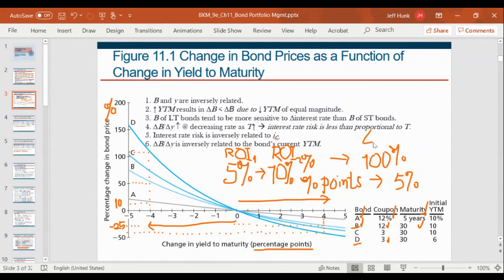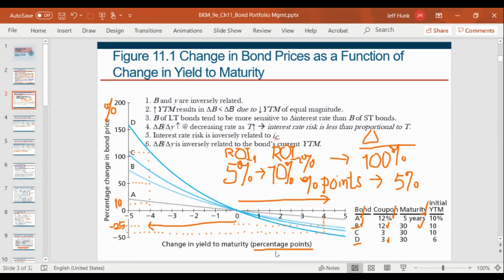Then the change in terms of percentage, it's a 100% increase, right? 100% change. And percentage point is just 5%. You understand?